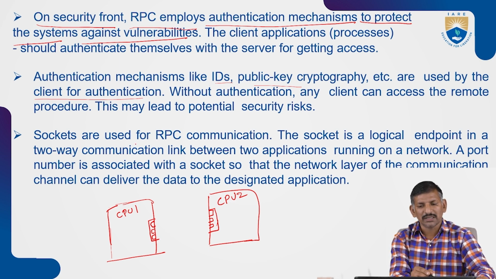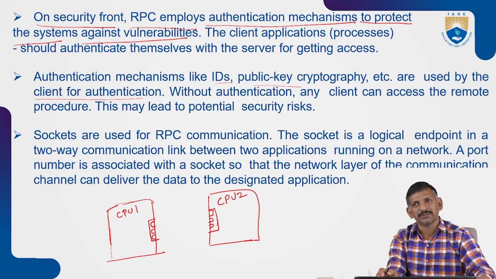So sockets are used for remote procedure call communication. The socket is a logical endpoint in a two-way communication link between two applications running on a network. A port number is associated with the socket so that the network layer of the communication channel can deliver data to the designated application.